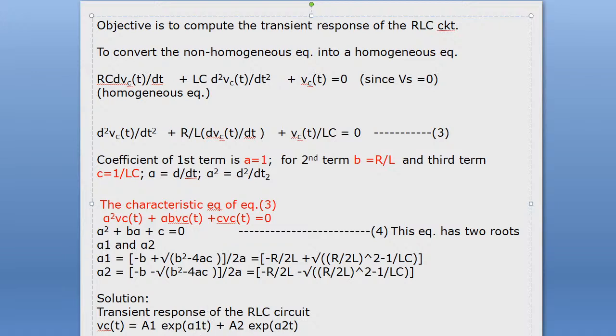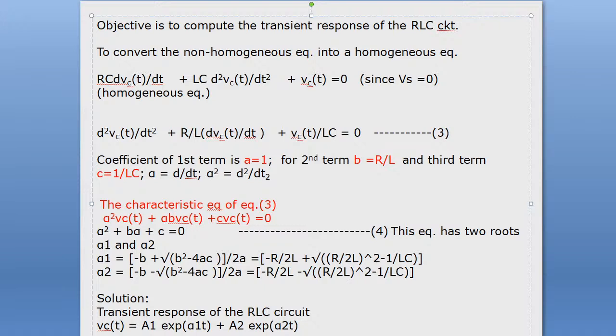Now my next question is that this equation has RLC values. The characteristics of the response will change according to the change of the values of RLC.